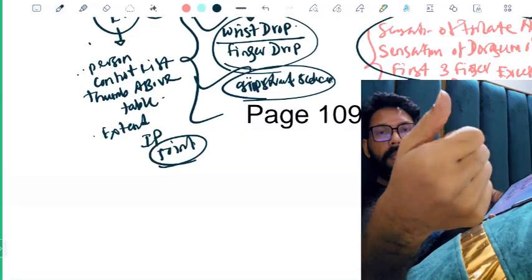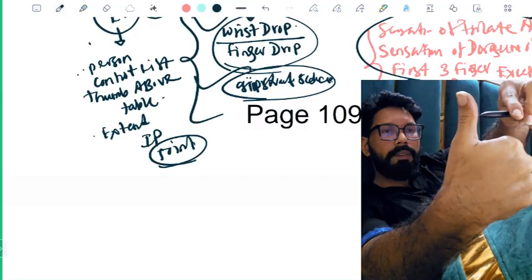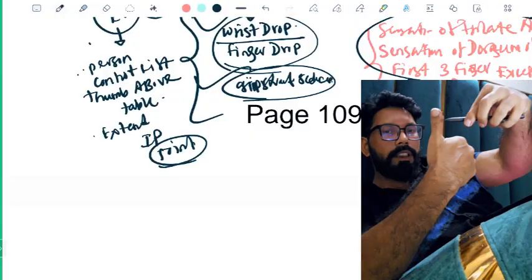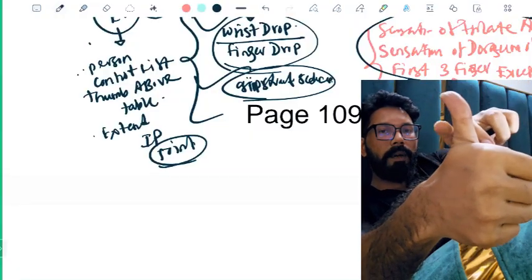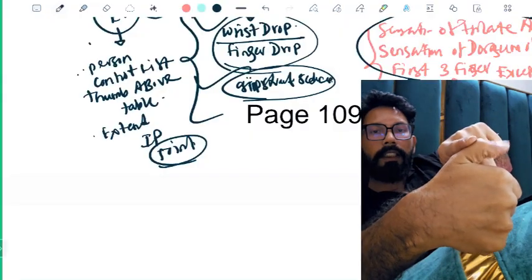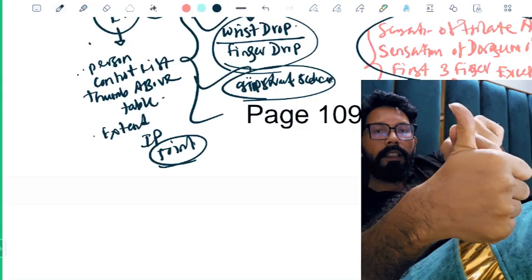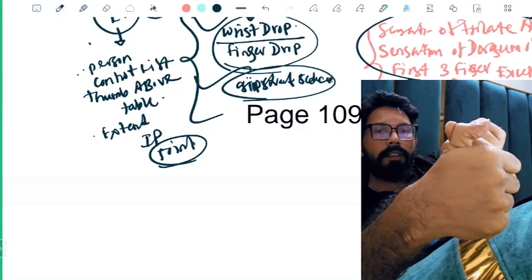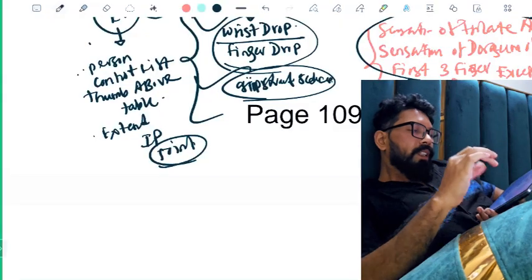Okay, so this is the IP joint, right? This one. This IP joint is extended by EPL and flexed by FPL, flexor pollicis longus. Extensor pollicis longus, flexor pollicis longus. So this action is done by EPL.